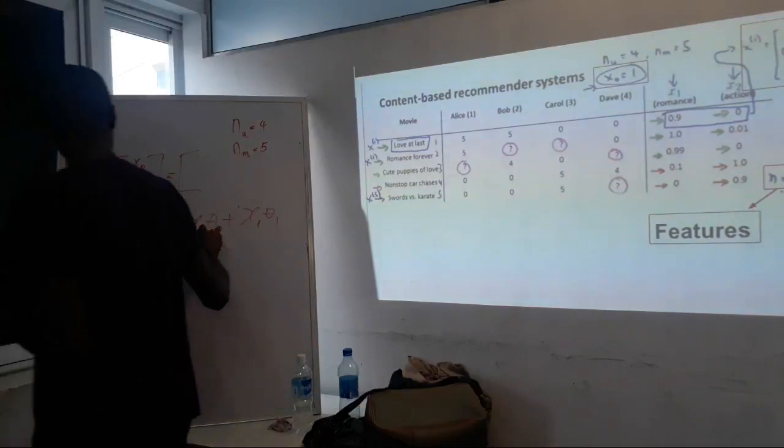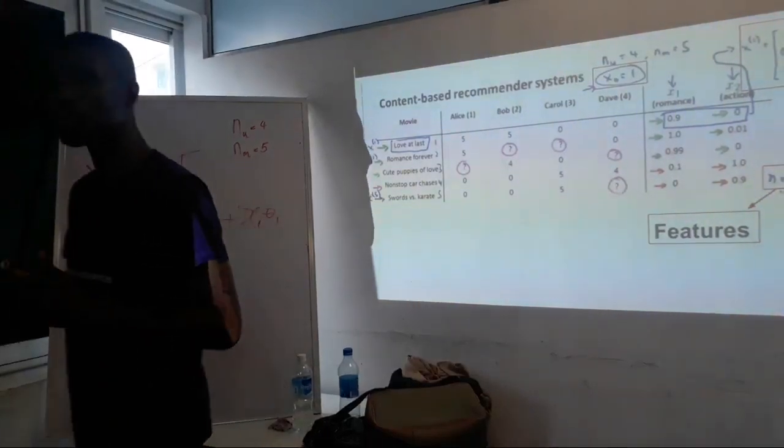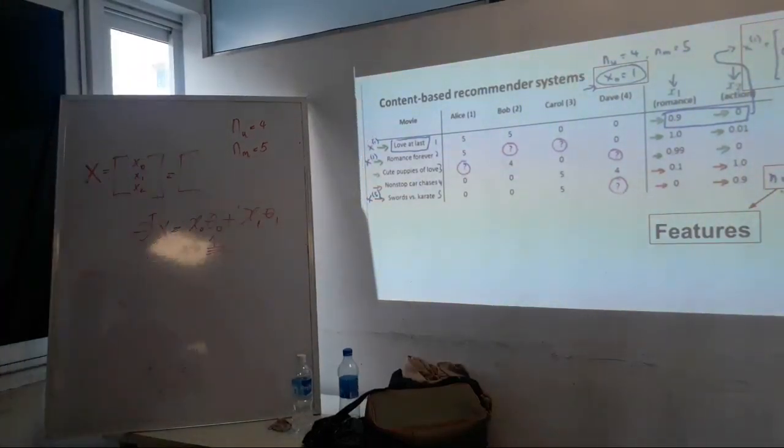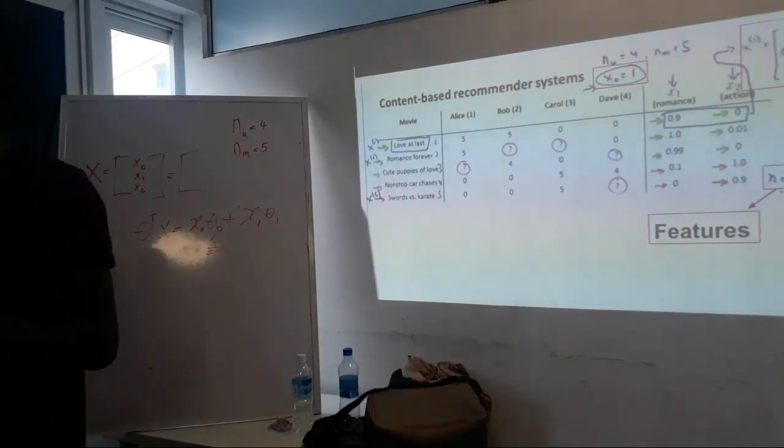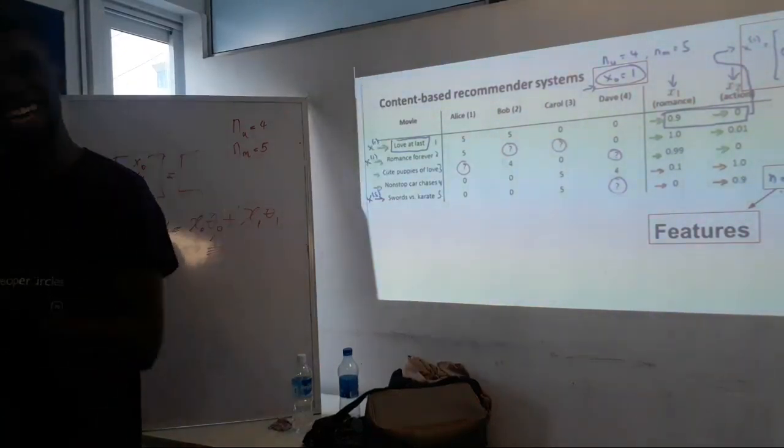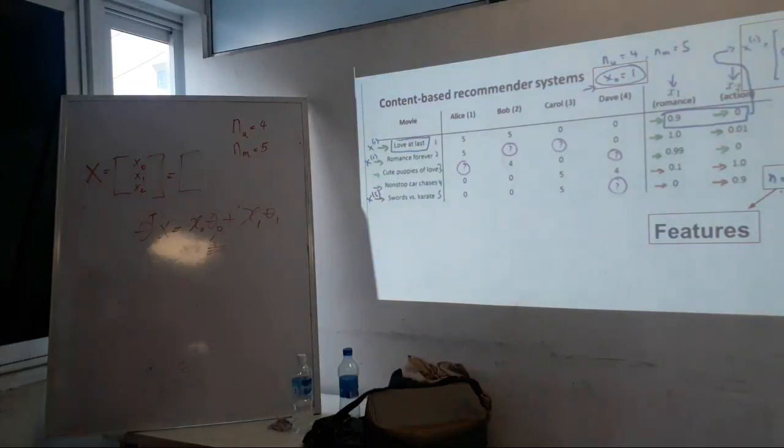So if X naught is 1, what does it tell you? It's the bias. If X naught is 0, what does it tell you? Don't tell me it doesn't have an intercept. What does it tell you? It starts from 0.